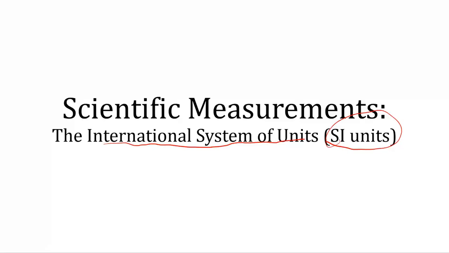So to sort of streamline the process globally of how science is done, scientists generally agree on the common convention for units, which is known as the International System of Units, or SI units. And it looks something like this. For each dimension of measurement, there is a defined base unit.